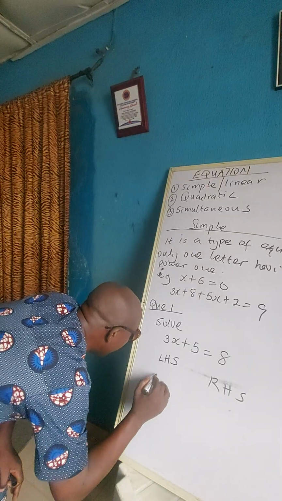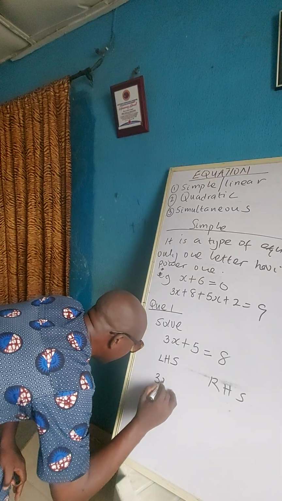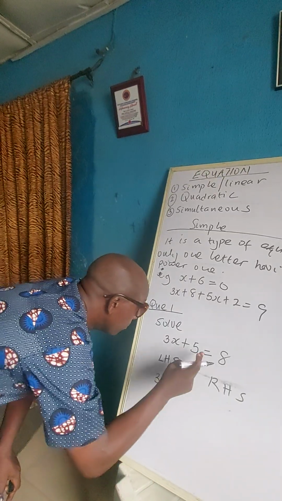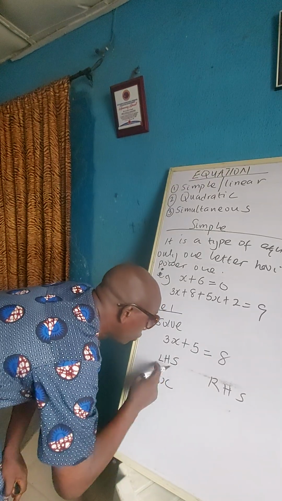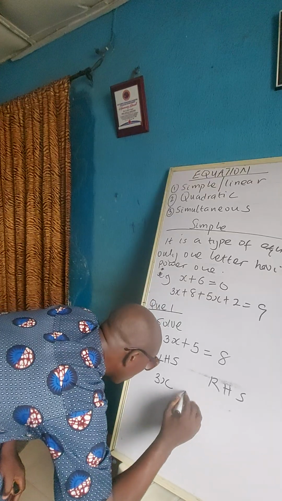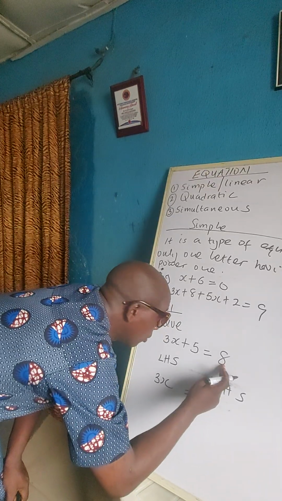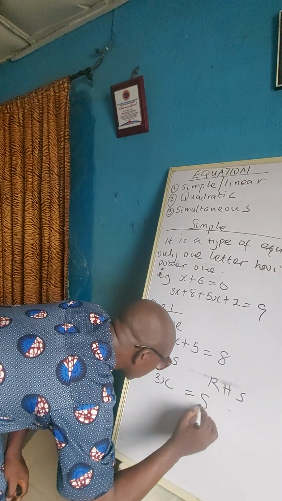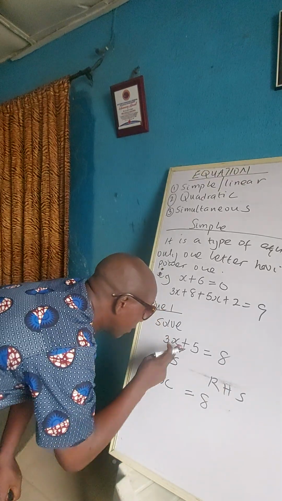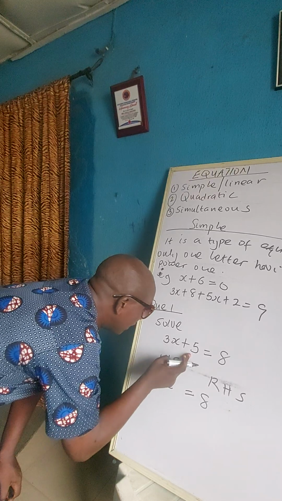Let it be at the left hand side, 3x. Move to the equality sign that divides the house into 2. Equal to. This is the owner of the right hand side house, 8. Plus 5 is here.